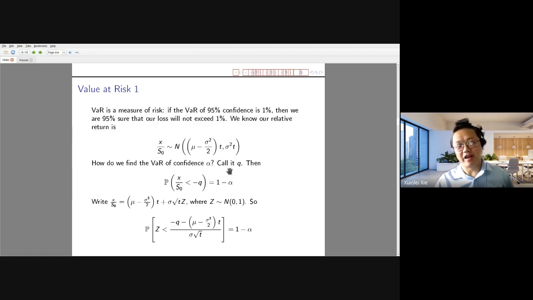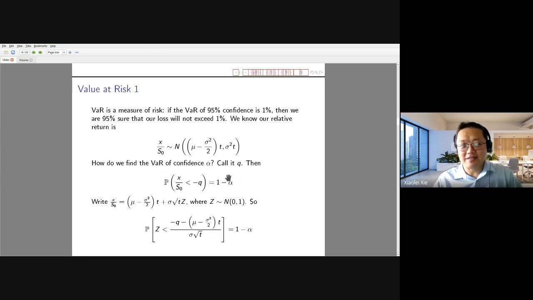And we want to find out the value at risk for a confidence level that we specify, alpha. Usually people would put alpha at, let's say, 95% or 97%, or if you are dealing with very risk-averse investors, you might say 99%. Whatever that is, we want to find out the corresponding level of value at risk.